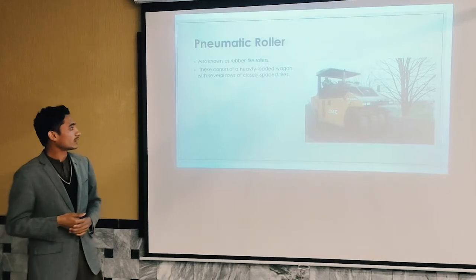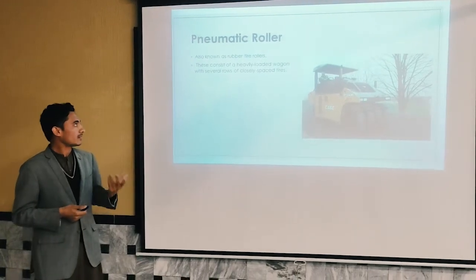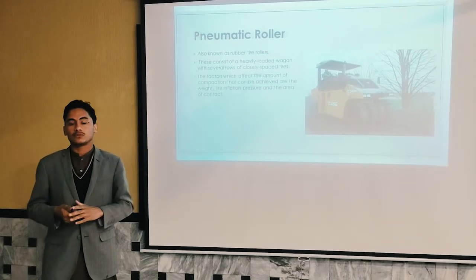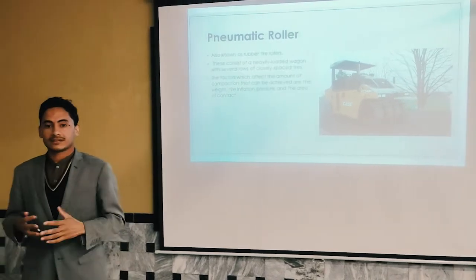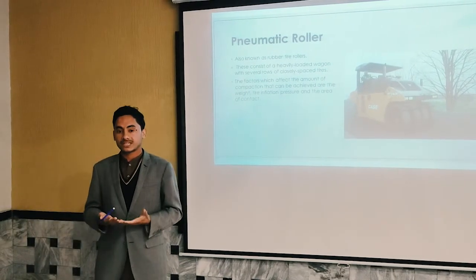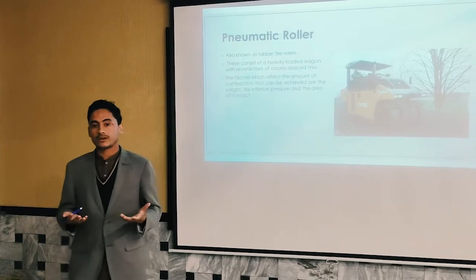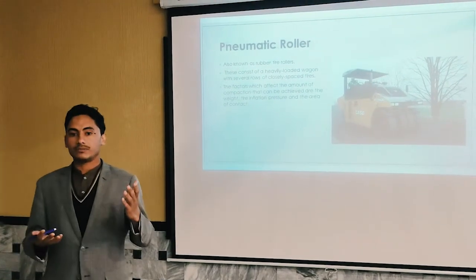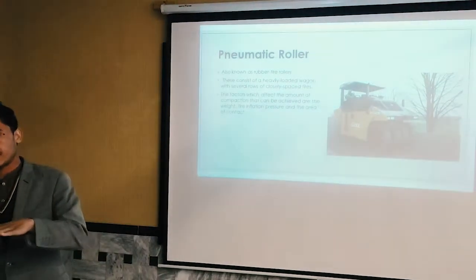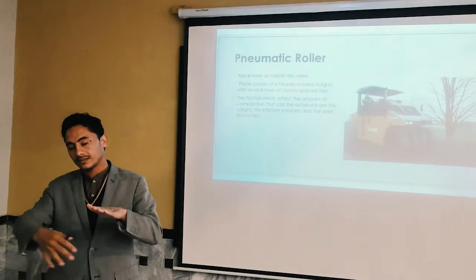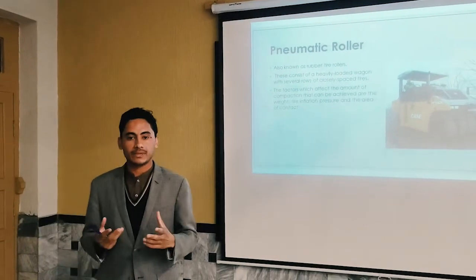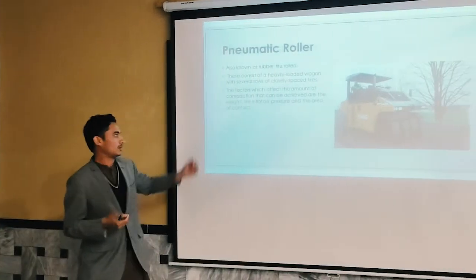The pneumatic roller is a type of compaction equipment which is usually used for subgrades. What is the subgrade? Subgrade is the existing soil on which a road or a structure will be constructed. We need that surface, called the subgrade. So for the compaction of the subgrade, we simply use the pneumatic roller.